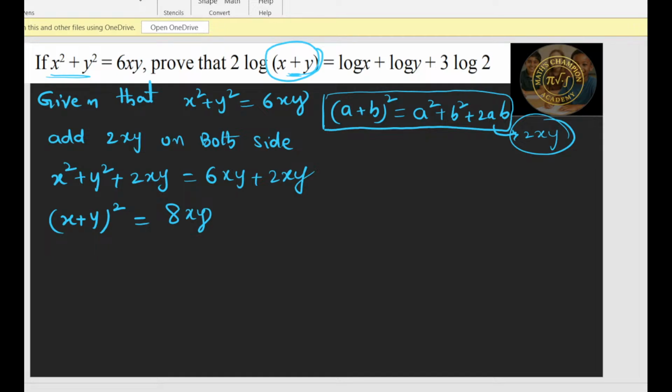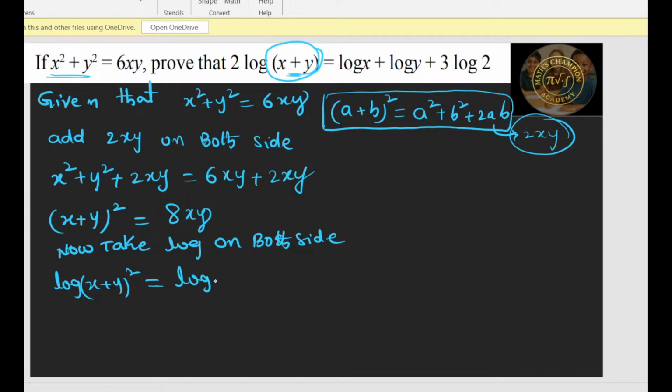Now look at the next. Take log on both sides. Now log (x plus y) whole square is equal to log 8xy.